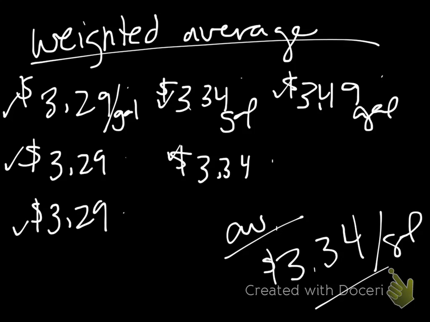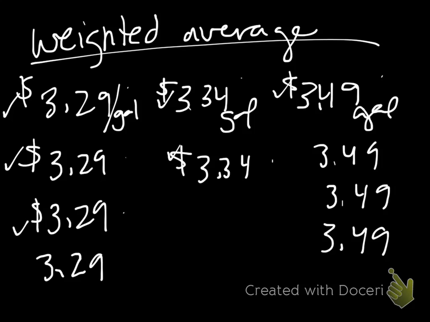Okay, let's change the scenario yet again. I've added a few gas stations. I've now got 4 with 329, 2 with 334, 4 with 349. Okay, what do we have for our number? Justin. Okay, we're getting an average of 338 per gallon.